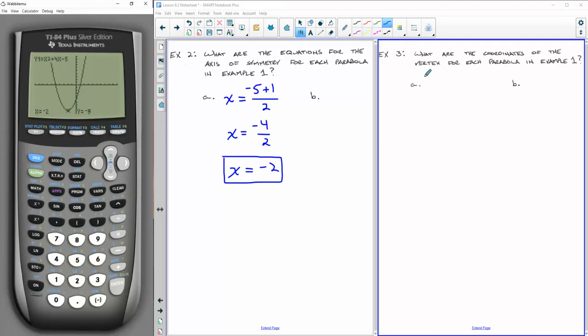So maybe we'll show this algebraically, though. Let's see, what was our equation? Sorry, I had to grab my sheet. So let's go, y will be equal to -2 squared plus 4 times -2 minus 5.